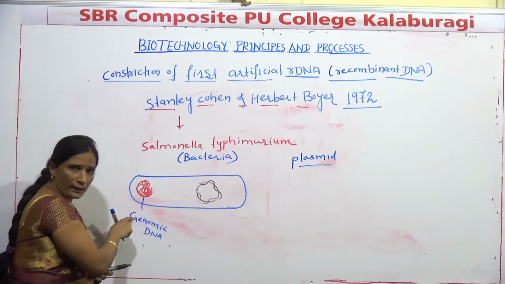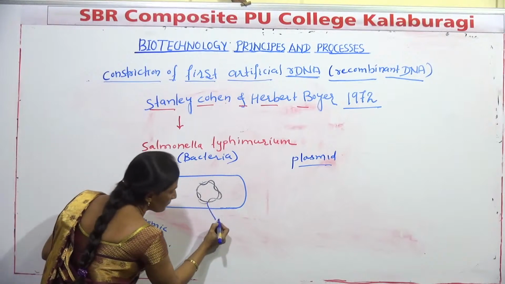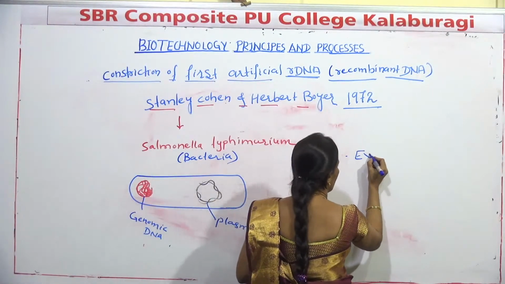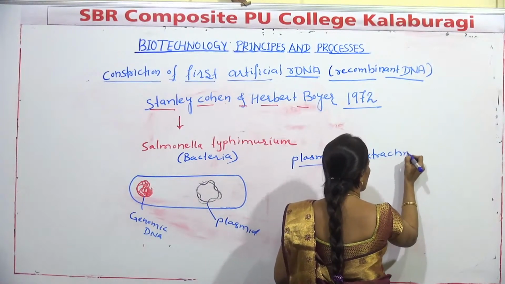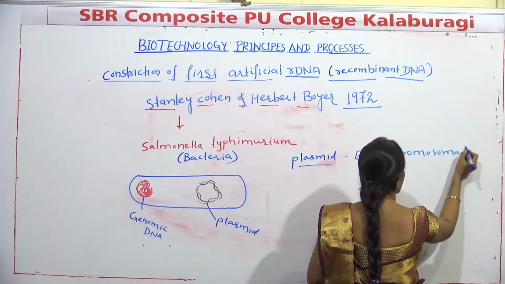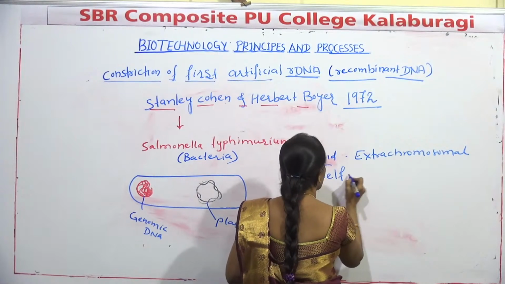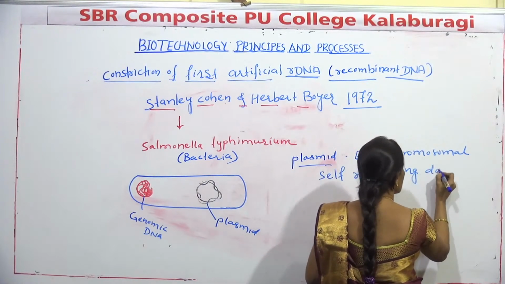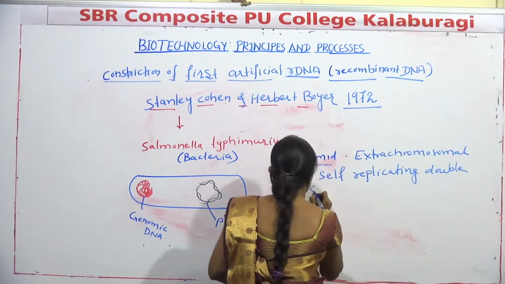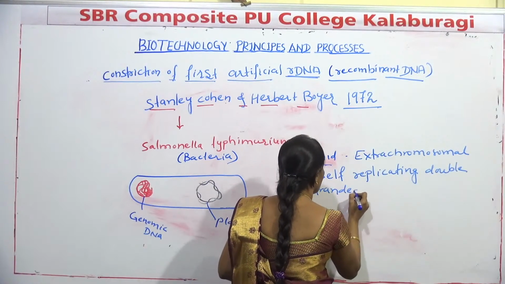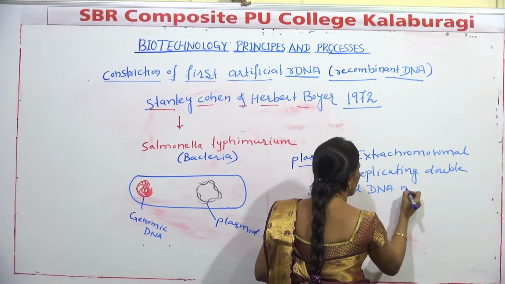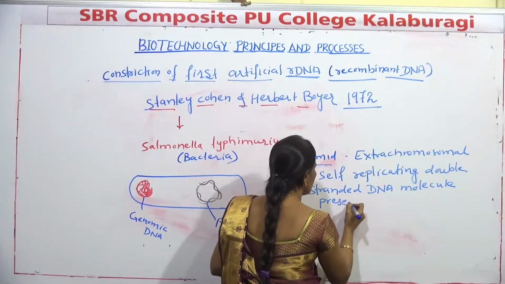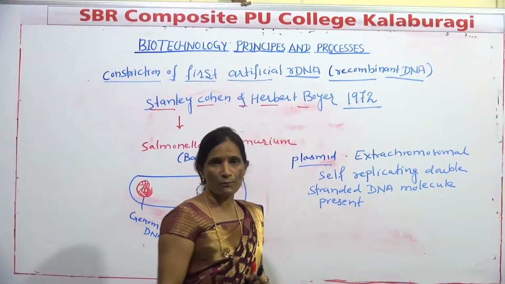This is the genomic DNA. Beside this genomic DNA, there is an extra-chromosomal, self-replicating, double-stranded DNA molecule present in the cytoplasm of the prokaryotic cell.